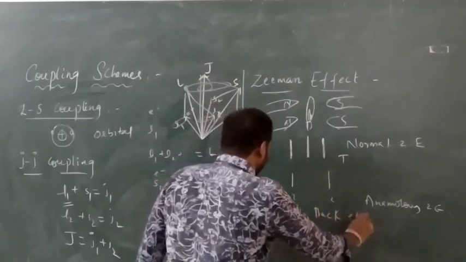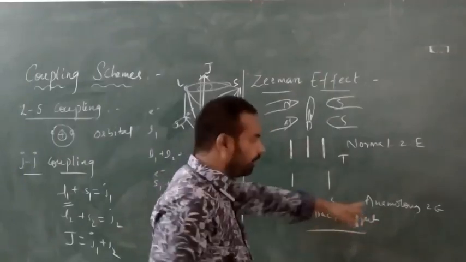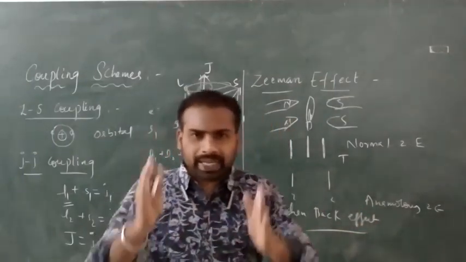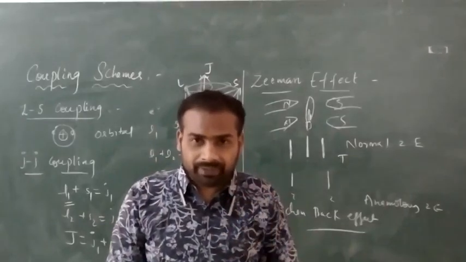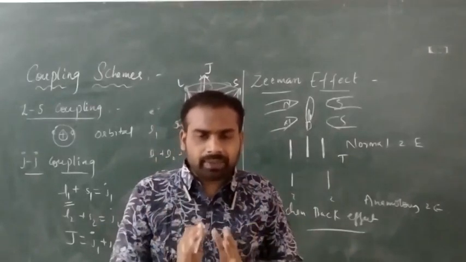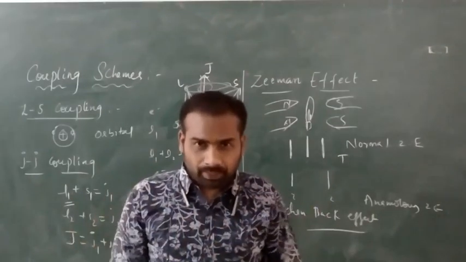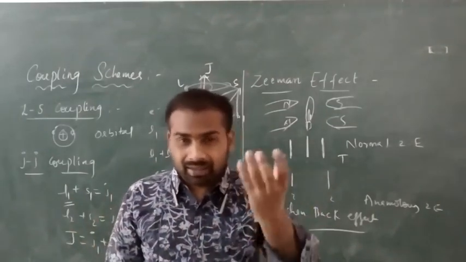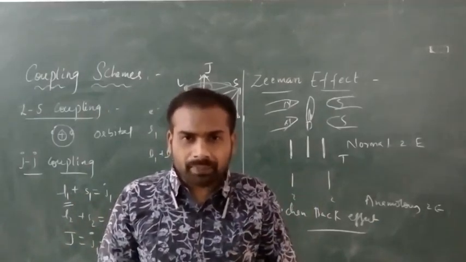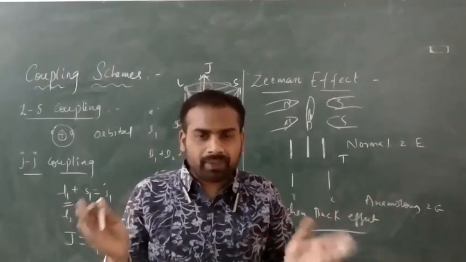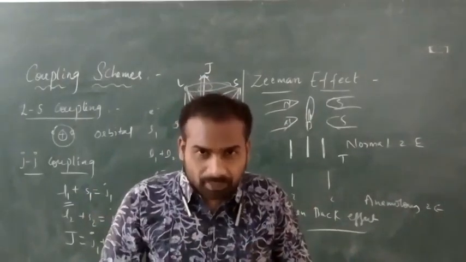What is this Paschen-Back effect? Just now we said that when the light is placed in a weak magnetic field, the spectral line will be split into more than three components. When we increase the magnetic field strength, what happens? The anomalous Zeeman effect will be reduced to the normal Zeeman effect.